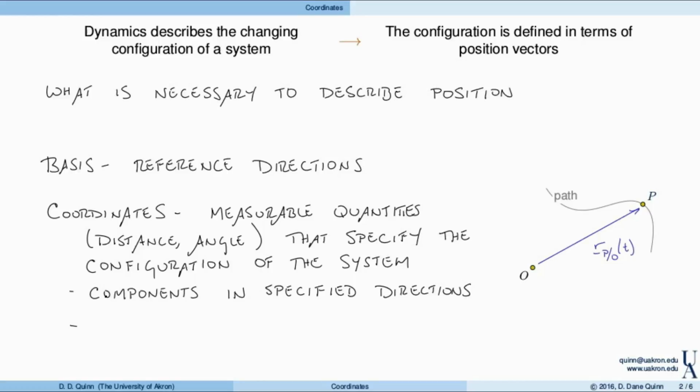Also, coordinates can be used to specify directions with respect to a reference basis. So we might describe the orientation of the vector with respect to maybe the horizontal axis. And typically those reference spaces are fixed in inertial space, or the ground.